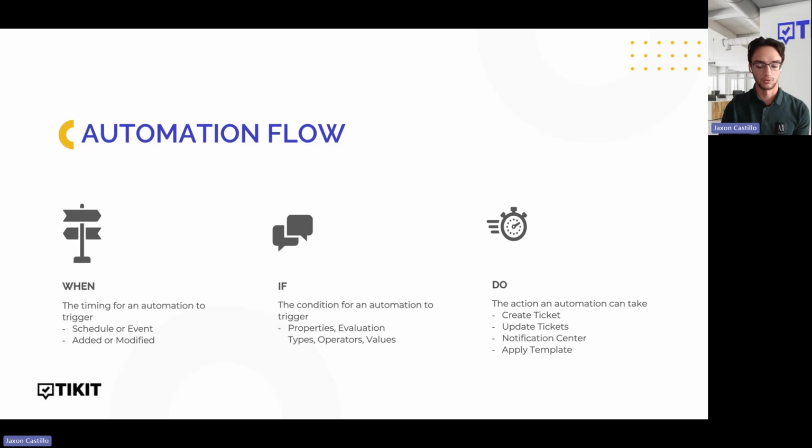The if is all about what the automation is looking for to actually accomplish the thing, and then do, like I mentioned in the previous slide, you can either create a ticket, update a ticket, do notification center tasks, which will be talked about in another session, or you can apply a template to it.